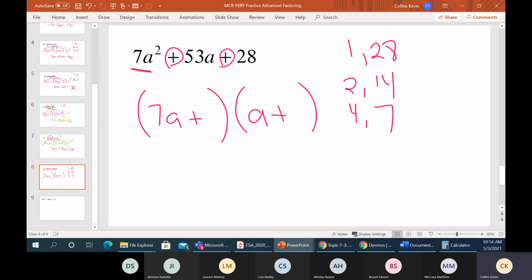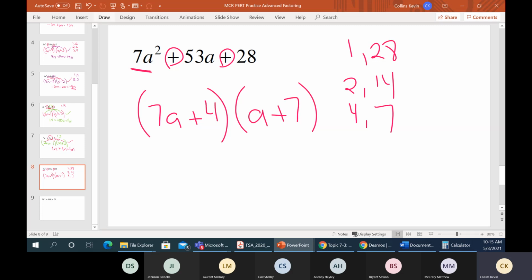So let's try the 4 and the 7. So based on that, which guy should go first? We're going to try the 4 first. All right, so let's do that. So we'll put a 4 here and a 7 here.